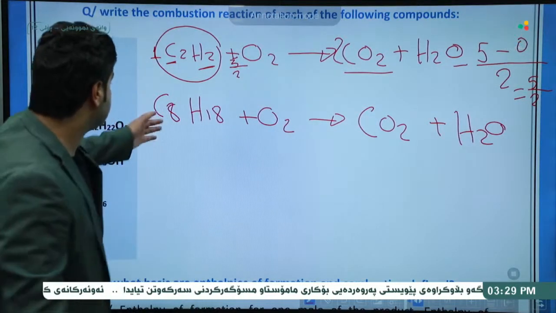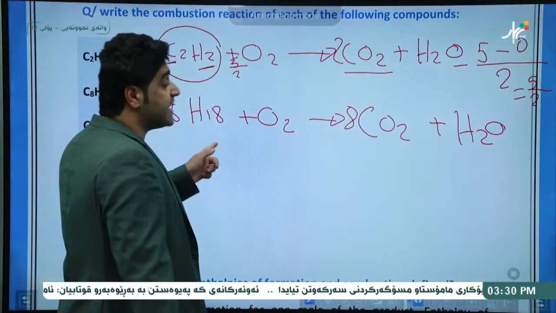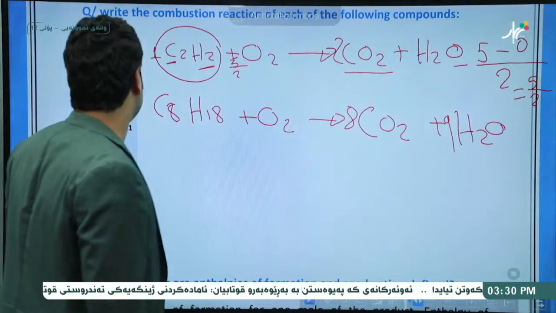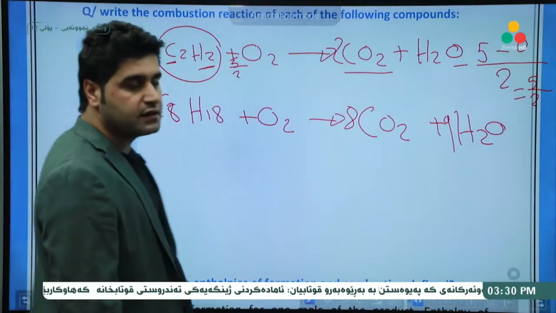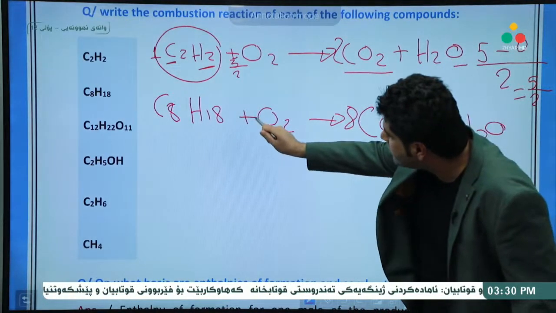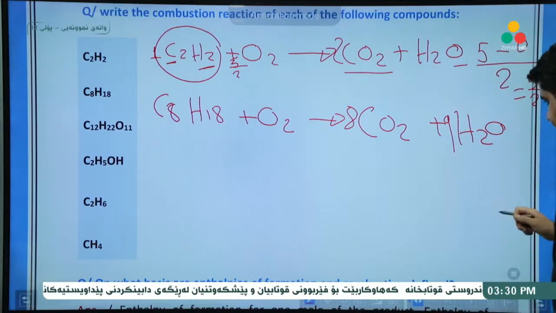Well, for that one, 8 carbon atoms, 18 hydrogens. So write 9 in here for the 18 hydrogen atoms. Then balance the oxygen. We have to calculate the number of moles of oxygen atoms in here. Look.